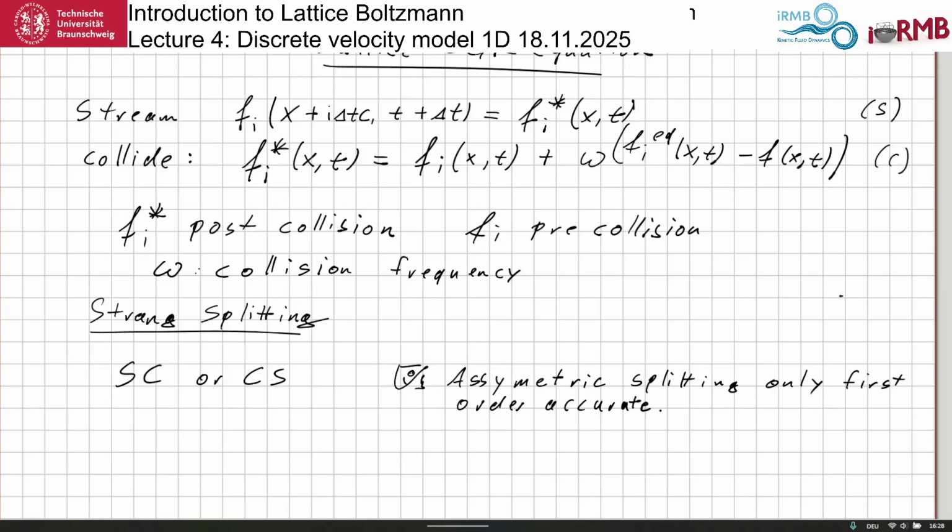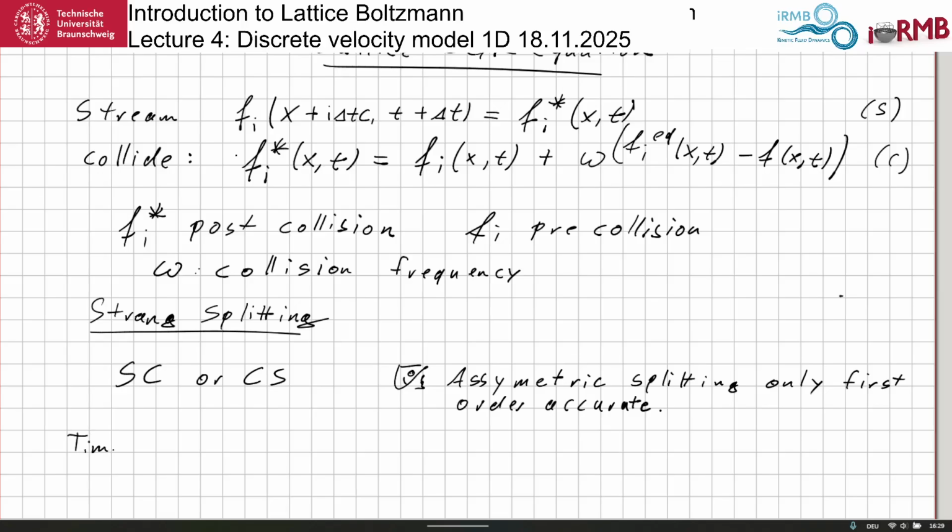If you think about it, if you have a symmetric time integrator, yeah, and you have some understanding of Taylor expansion, you know that if your time integrator is symmetric, it can only have even order errors. So the trick is to somehow make this symmetric. Split this in a way that is symmetric.